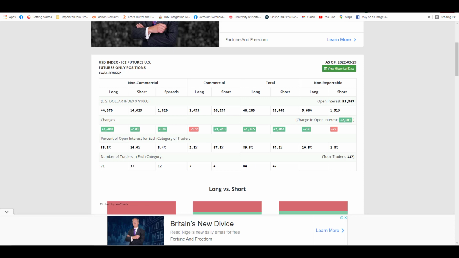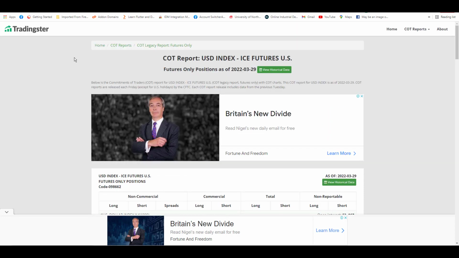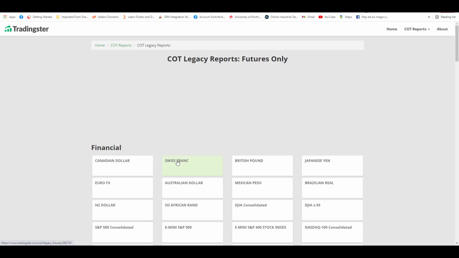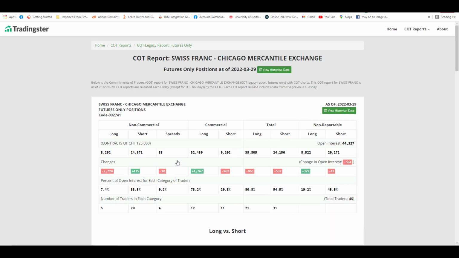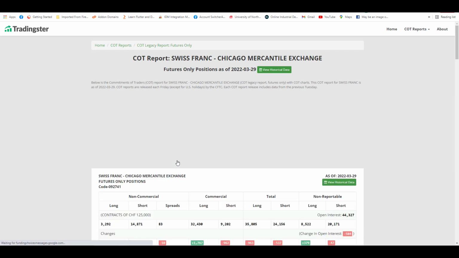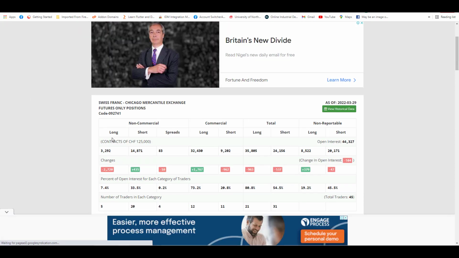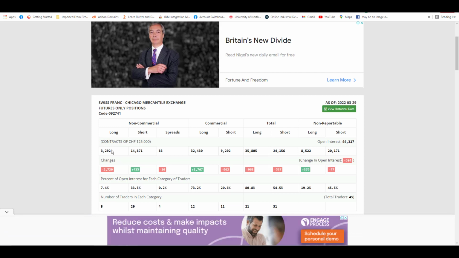What we want to look at is the Swiss franc, of course, the CHF, and the US dollar. So let's do that real quick. Okay, so here is the Swiss franc. What is happening on the Swiss franc? So this is the current data. All right, we have the data that's going to be used for this particular week.